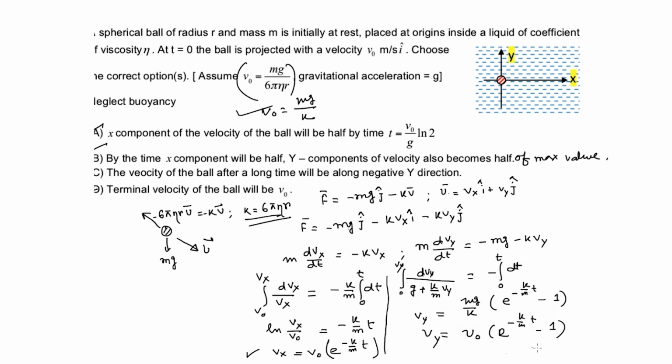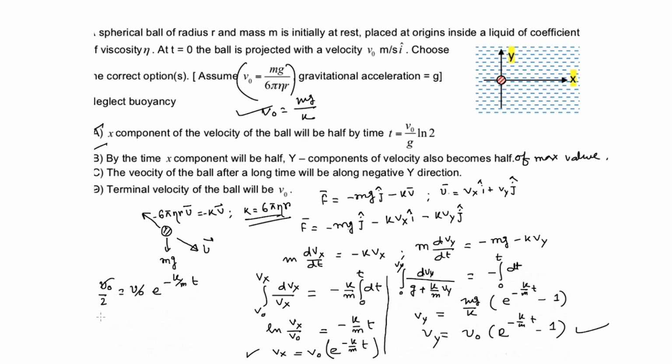Now we have got the equations of vx and vy, so we can find the answers. The first option is that the x component of the velocity will be half at t equal to v naught by g ln 2. That directly comes from this equation. X component half means vx is equal to v naught by 2, that is equal to v naught into e power minus k by m into t.